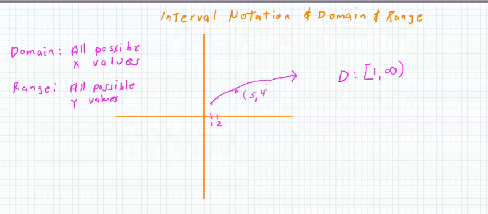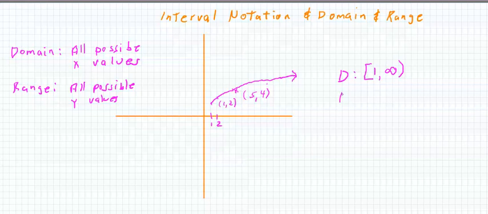It's the ordered pair 5, 4. X is bigger than 1. This one, the ordered pair is 1, 2. But if I go over here, there are no dots, there are no points. The domain goes from 1 to infinity.